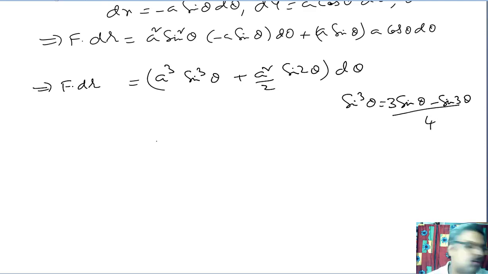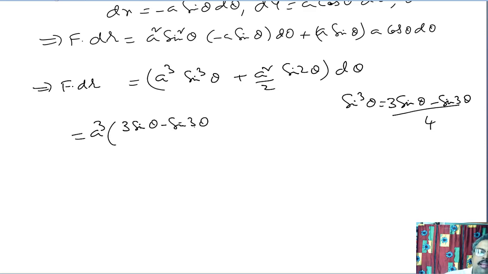Using this formula, we get a cube into 3 sin theta minus sin 3 theta by 4 plus a square by 2 into sin 2 theta d theta.